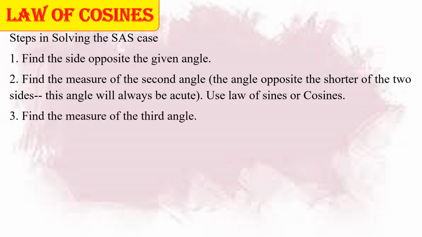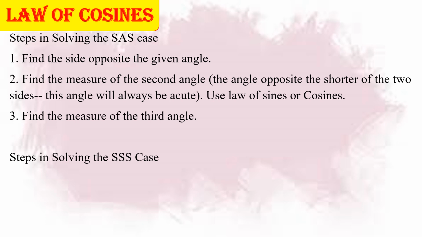The second step is find the measure of the second angle, which is the angle opposite the shorter of the 2 sides. And then this angle will always be acute. So, we will be using the law of sines or cosines. Number 3 is find the measure of the third angle. So, those are the steps in solving the SAS case in the law of cosines.